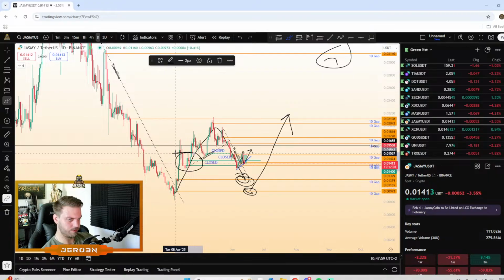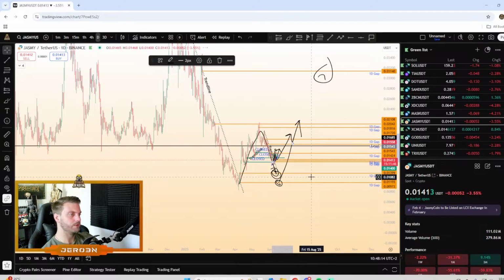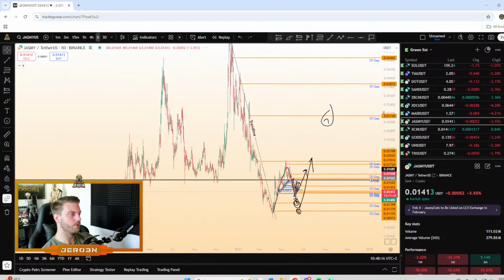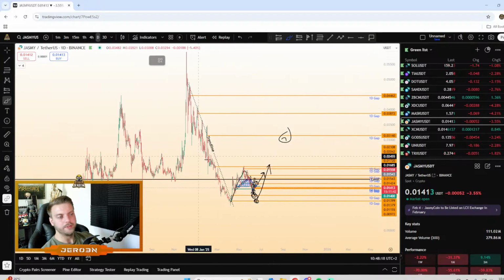However, if this is strong enough, where it creates lots of volume here, if that is enough to break and hold for continuation, 100% perfect. And then you could be looking for breaking out above here, creating that higher high.